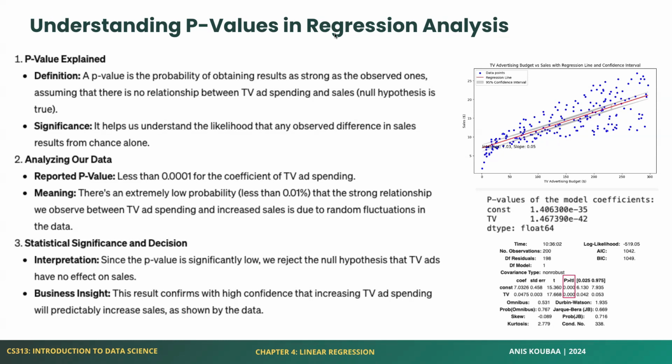So how can we use the p-value to determine whether there is a relation between the predictor and the output? If the reported p-value is less than 0.001 for the coefficient, this means we have an extremely low probability that the strong relationship is due to randomness. Saying it differently, it means that a strong relationship is confirmed between the predictor and the target output.